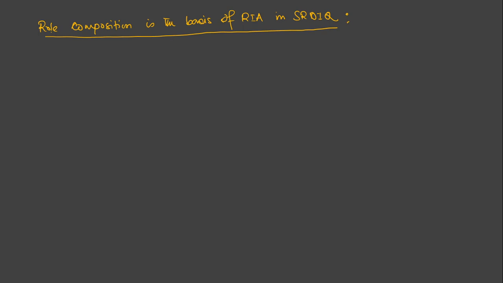So let us try to look at different forms of this role inclusion via role composition, right? Let us first take an example and try to formulate that as composition of different roles.